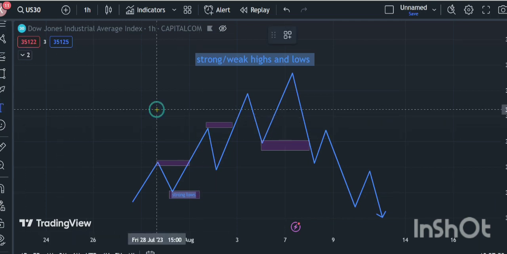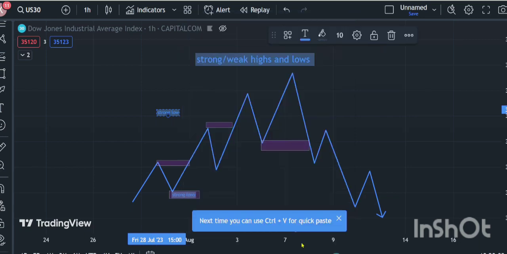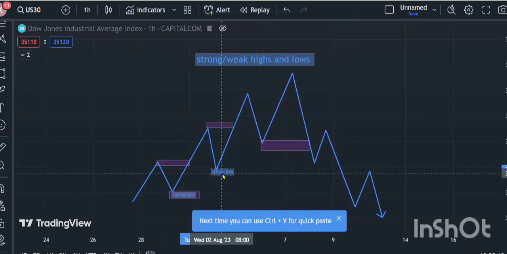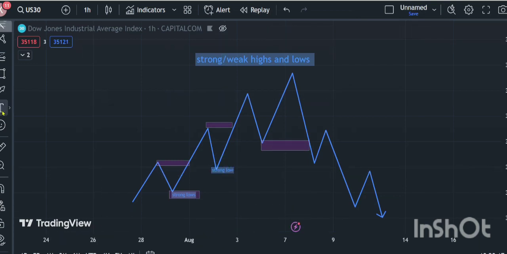I'm trying to explain in a way that even a 12-year-old can understand. Okay, another strong low. Okay, we have another strong low. Where is it? It is here. All right, then where are our weak highs?